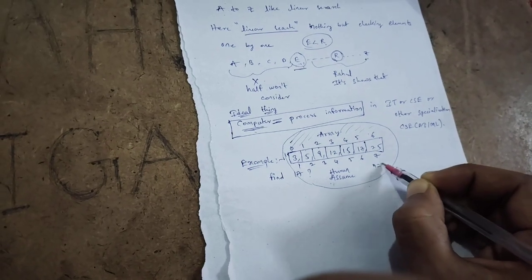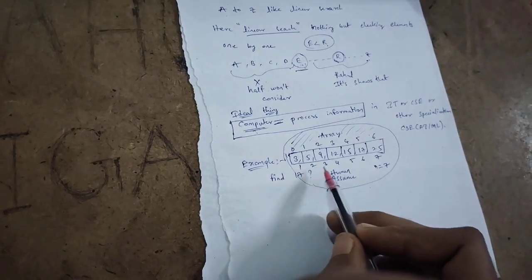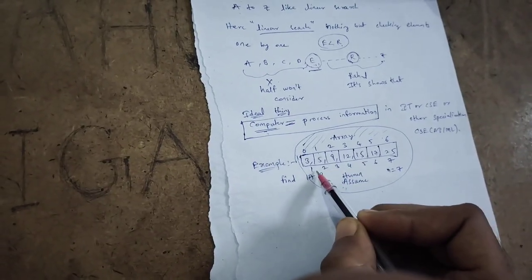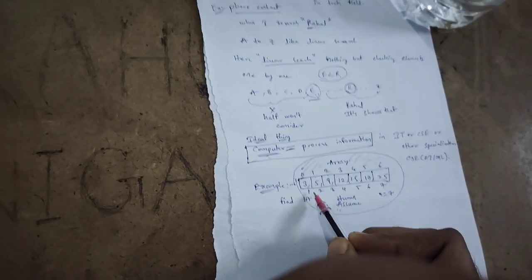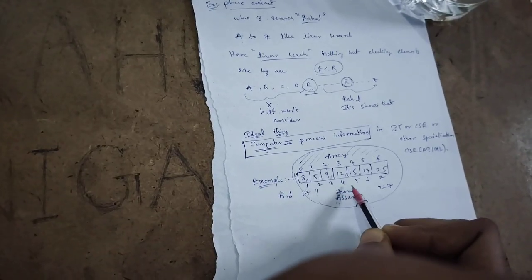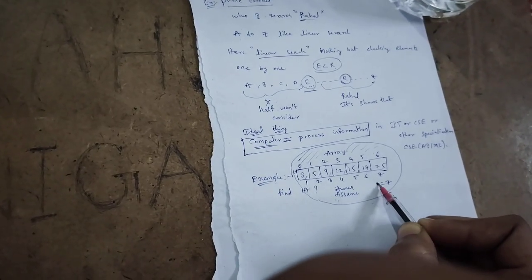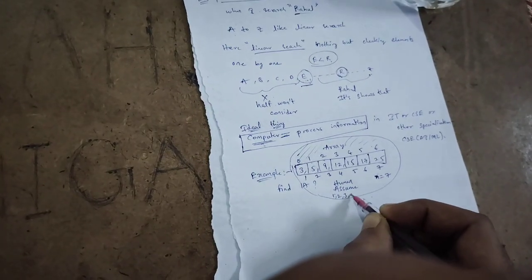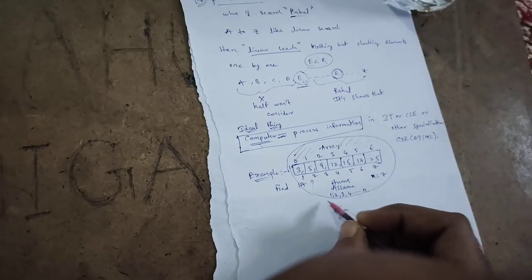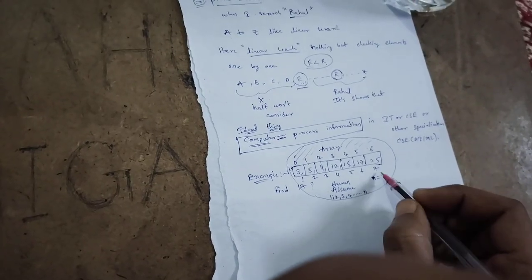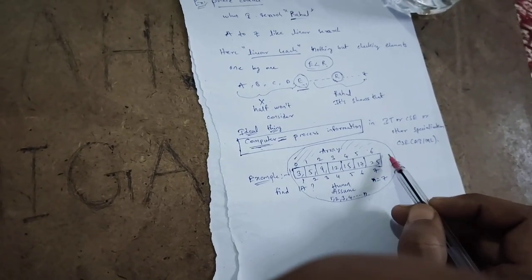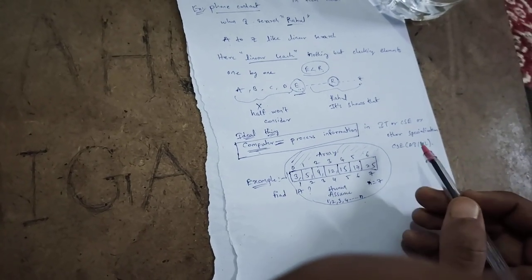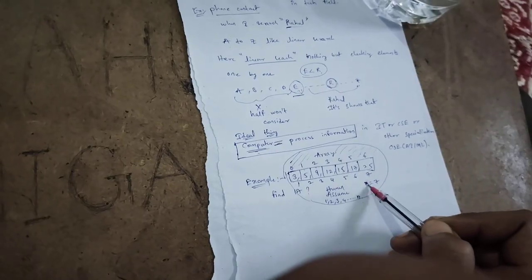Here n equals 7, because humans always assume natural numbers: 1, 2, 3, 4, 5, and so on to n elements. There are infinite numbers, but an array is always a finite number of elements.